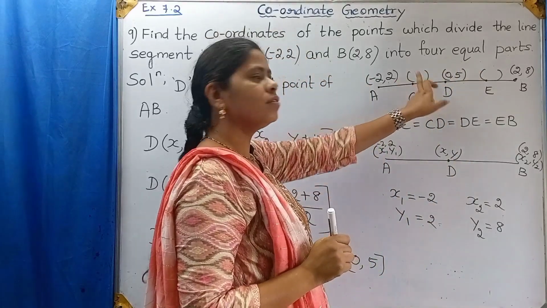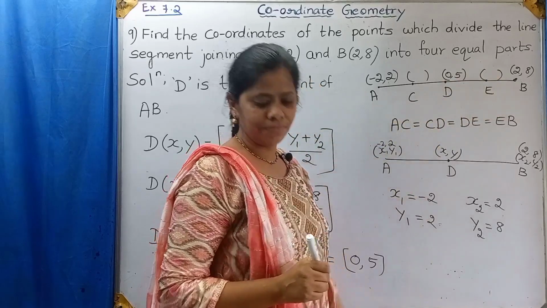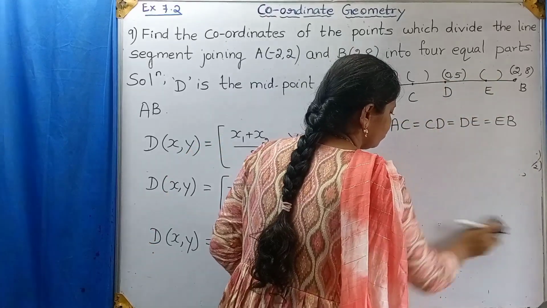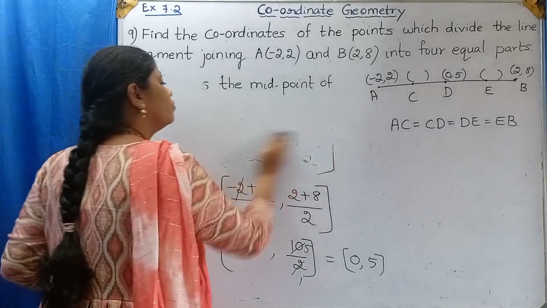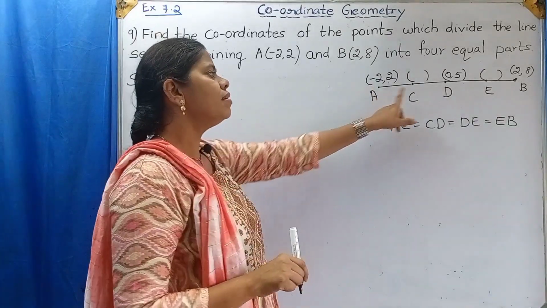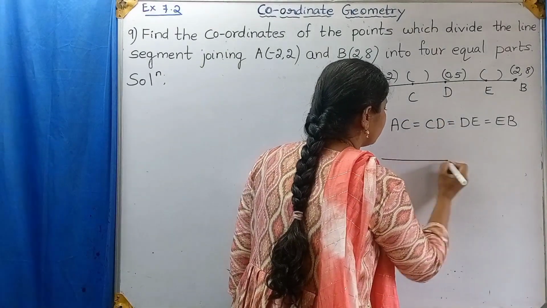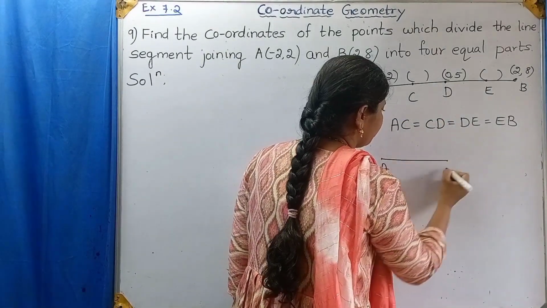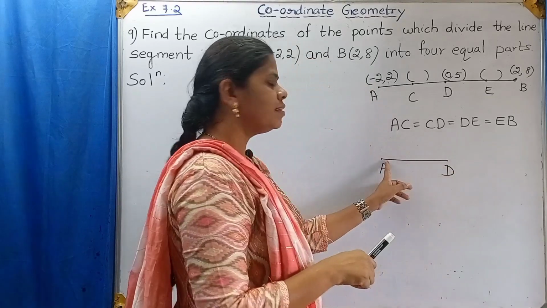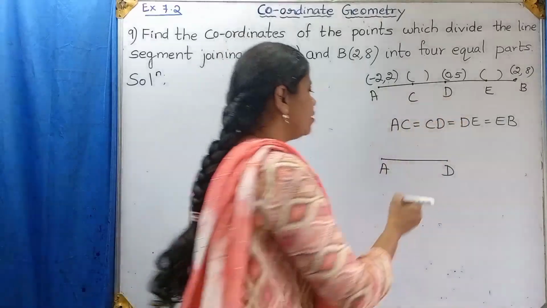Now we have to find out the coordinates of the points C and E. Let me rub this. Now consider the line AD. When you consider the line AD, C is the midpoint of AD, right?